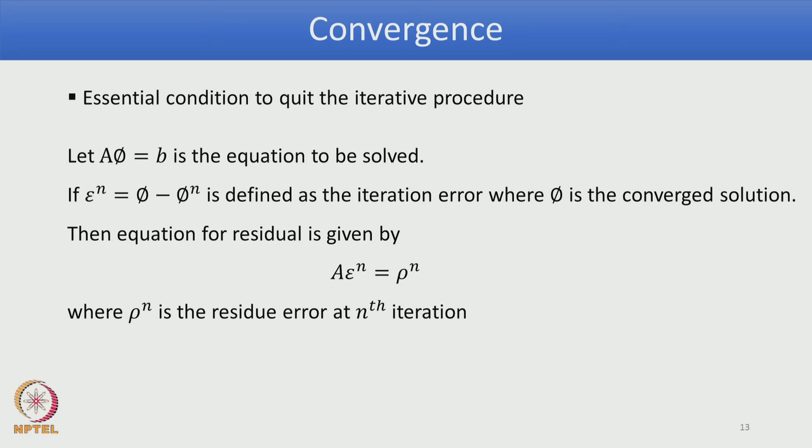So, one can set up an equation for the residual. If you substitute epsilon into the solution matrix that we put, replacing phi by epsilon n, then you get the residue. Residue means the equation is not satisfied, some is remaining, and that is given by rho. Because it is evaluated at the nth level, superscript n is given.